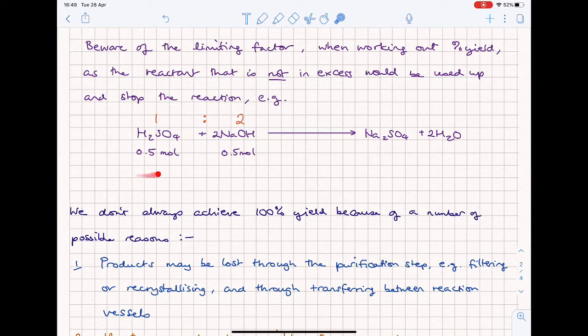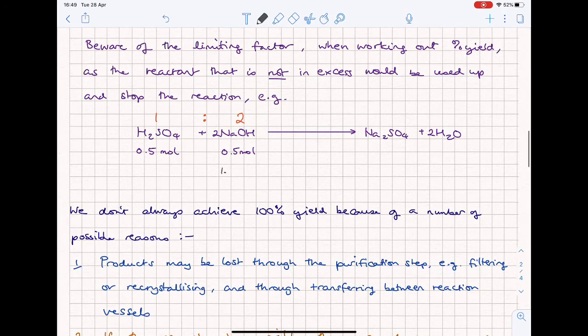So if I've got 0.5 moles of the acid, I would actually need double that in terms of the alkali. So I would actually need 1.0 moles of the alkali. Now, I've only got 0.5 mole, so there isn't enough of the alkali to react with all the acid. So this is the limiting factor in this reaction here.